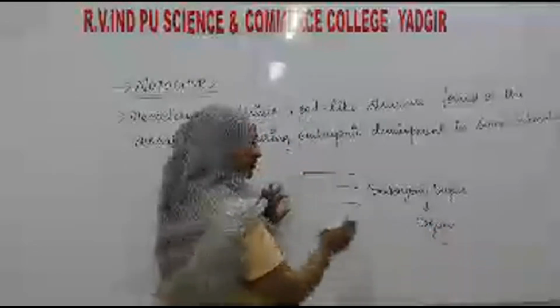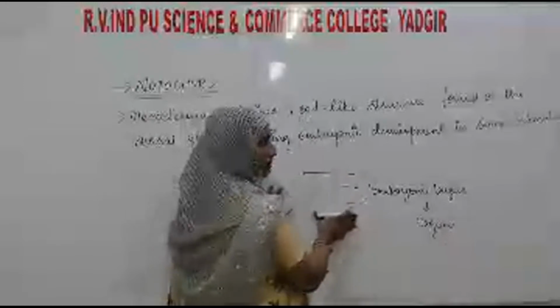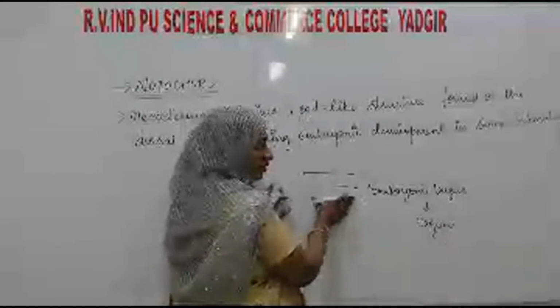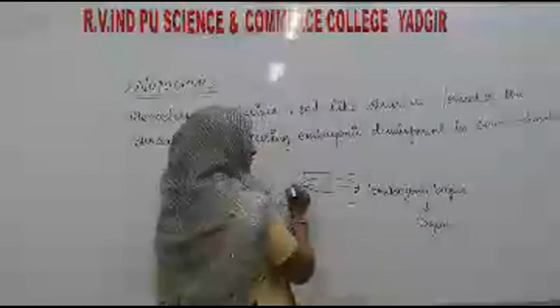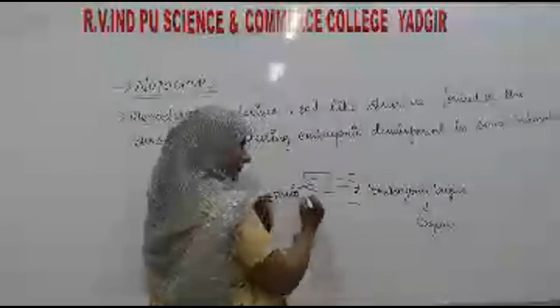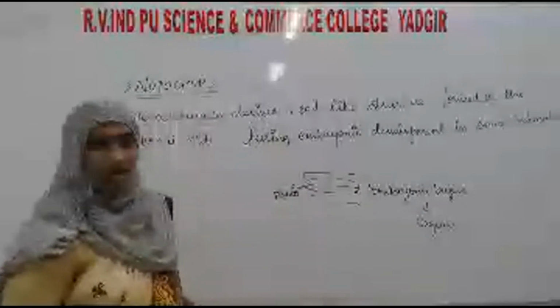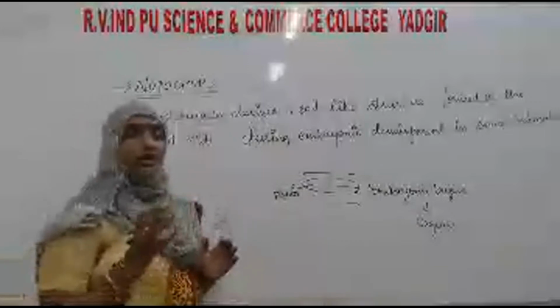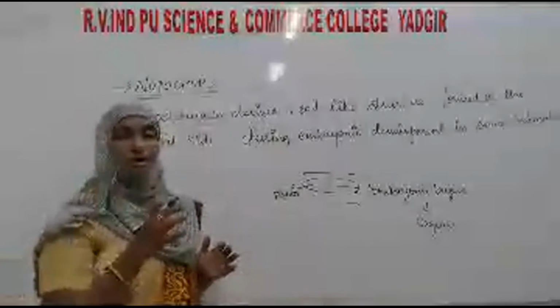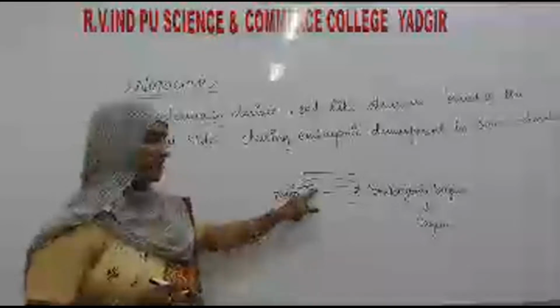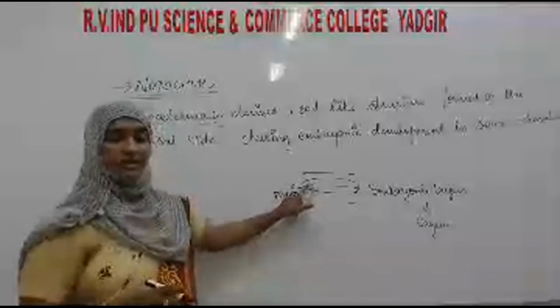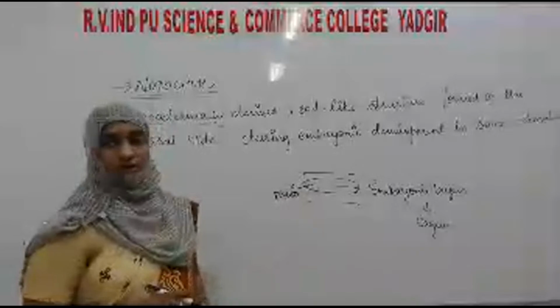So what are the 3 layers? Ectoderm, mesoderm and endoderm. Notochord is derived from the mesoderm. Derived means notochord is formed from which embryonic layer? That is the mesoderm.